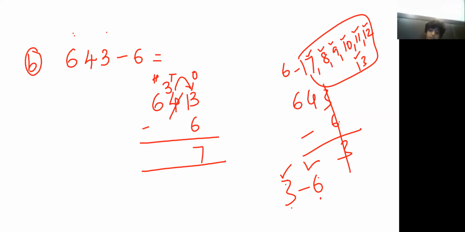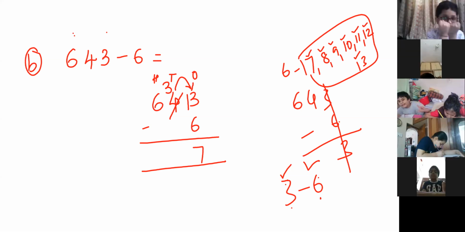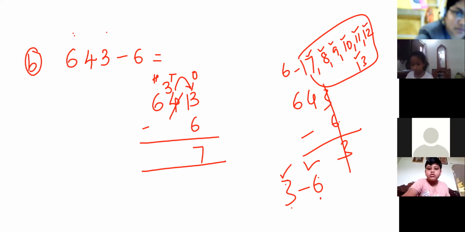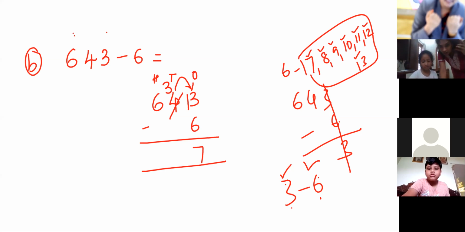Let us do it again with your fingers. All of you, close your fingers. Close your fingers, Nana. Close it. Now, what is the smaller number here? 6, right? 6 after is what? 7. Start counting from 7 onwards till 13.